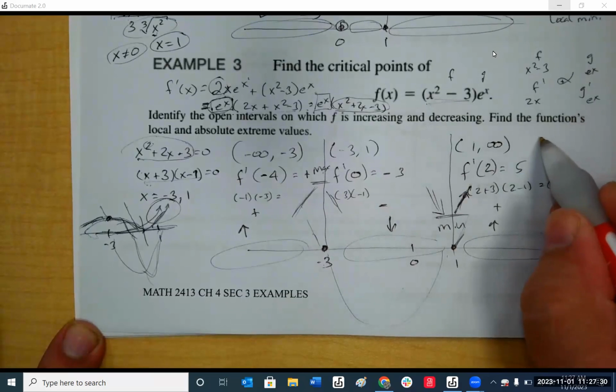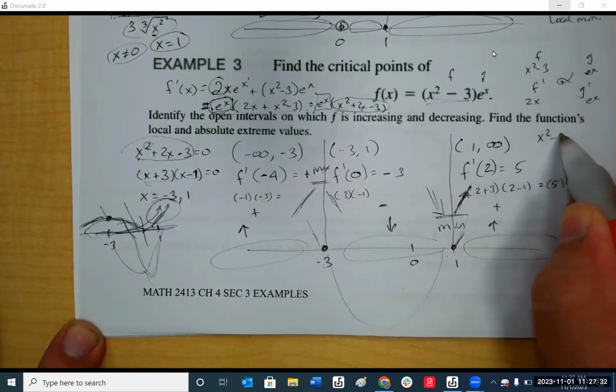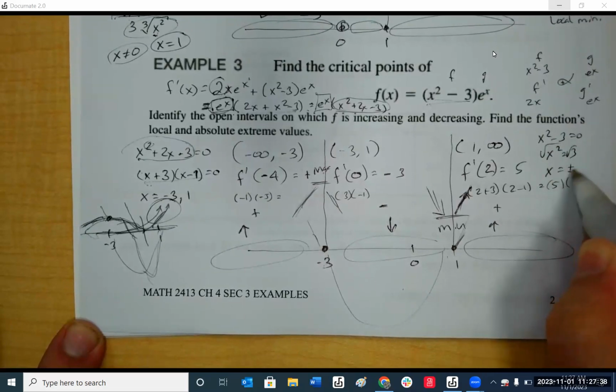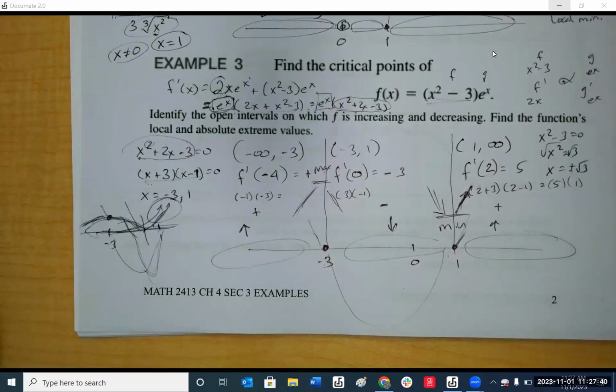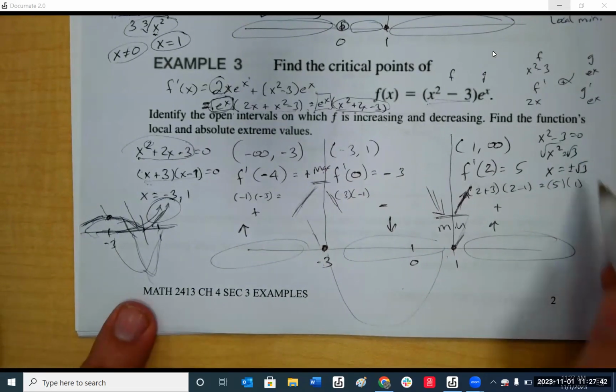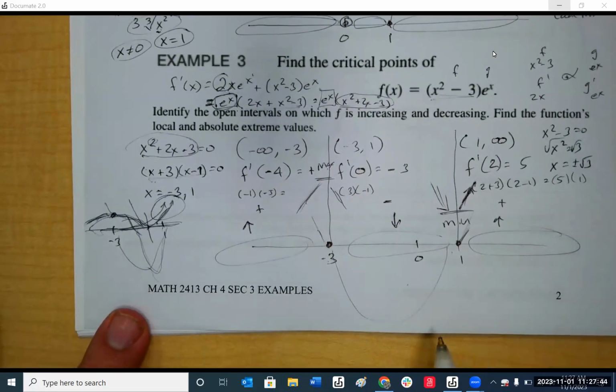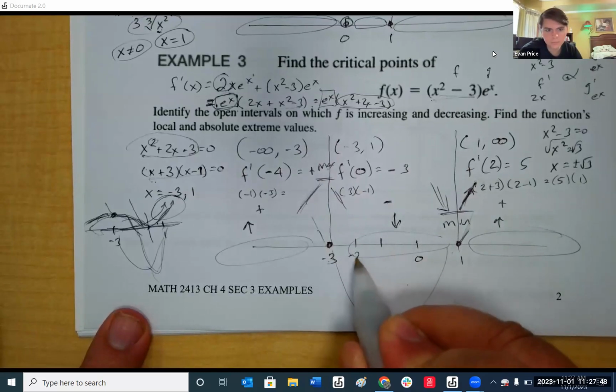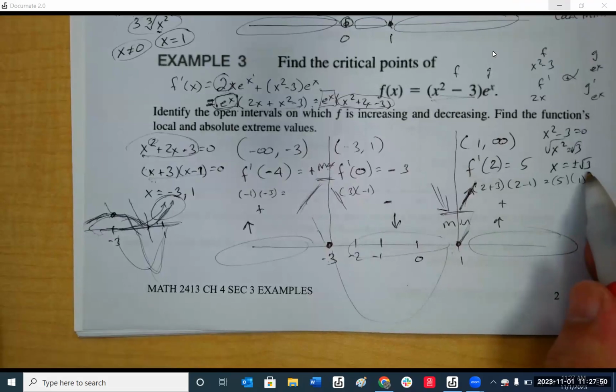If we set that equation equal to 0, we have x squared minus 3 equals 0, x squared equals 3, so x equals plus or minus radical 3. Those are your x-intercepts, which is approximately less than 4.